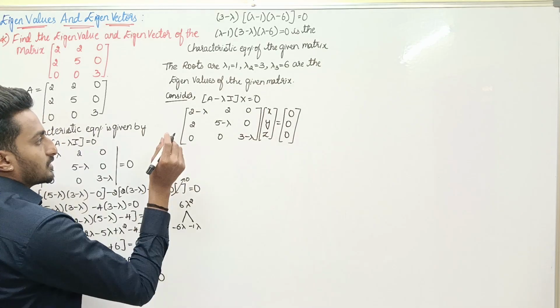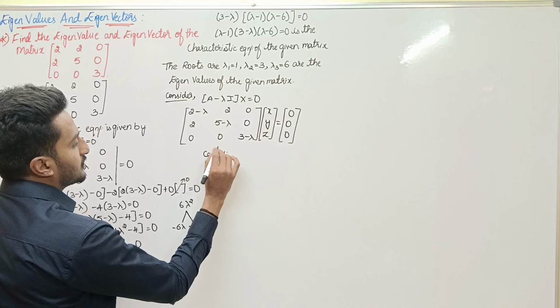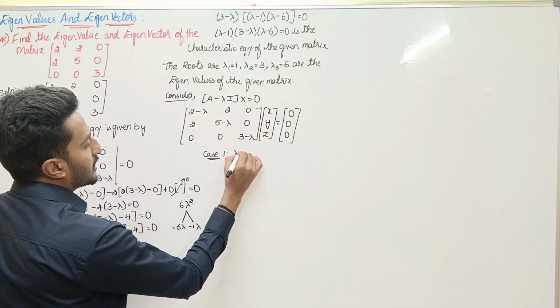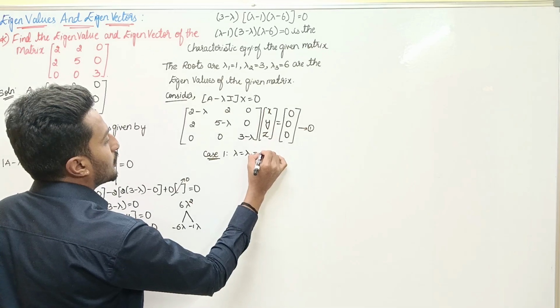Done. Now, case number 1. What is our case number 1? Consider this as equation number 1. Lambda equal to lambda 1 equal to 1.